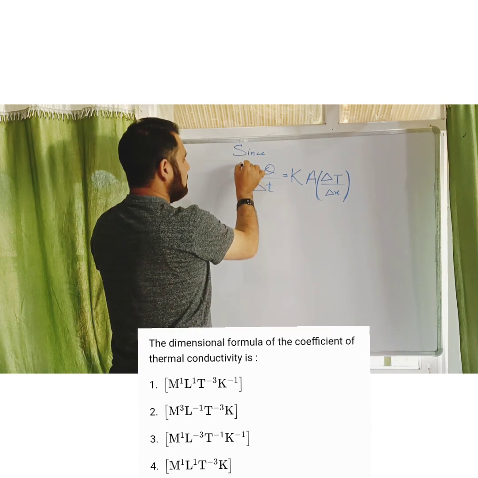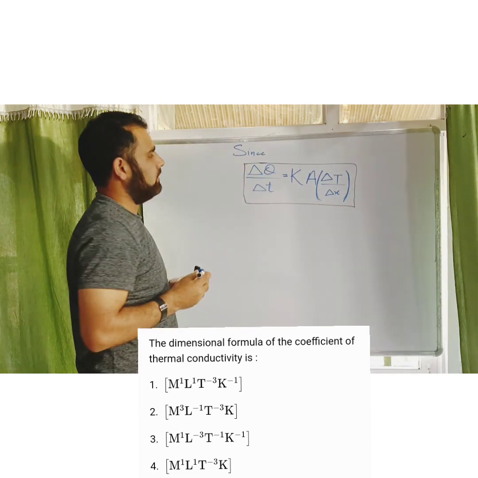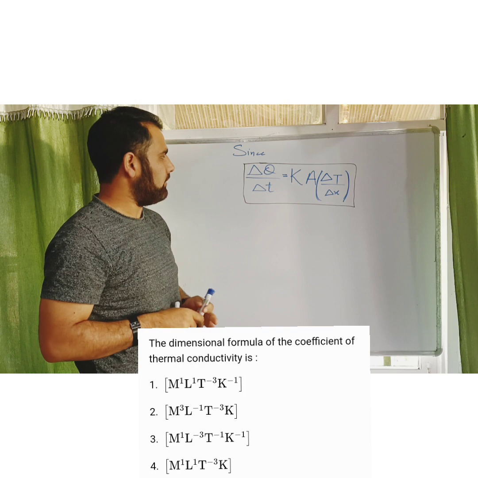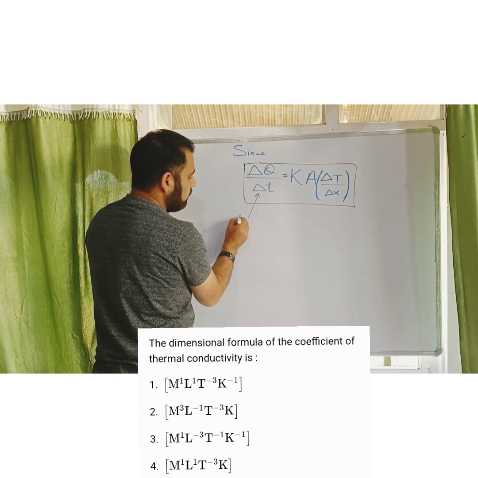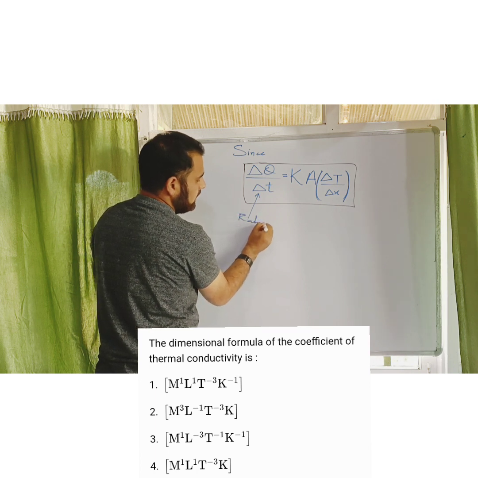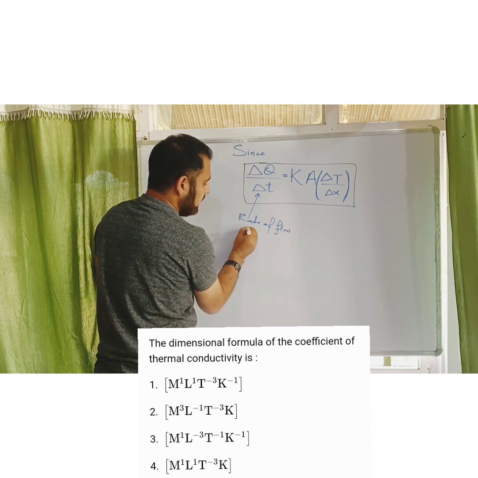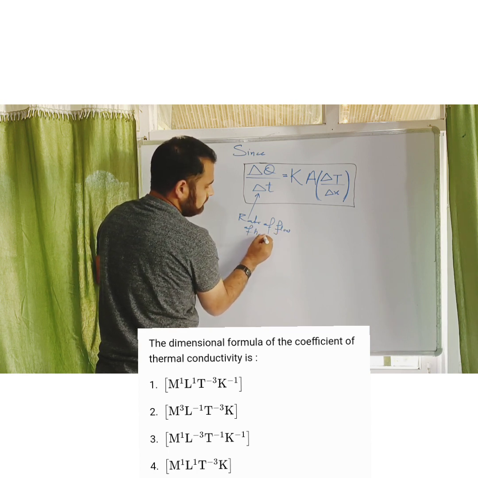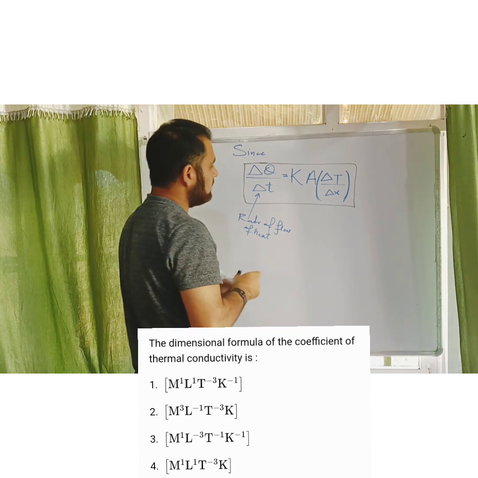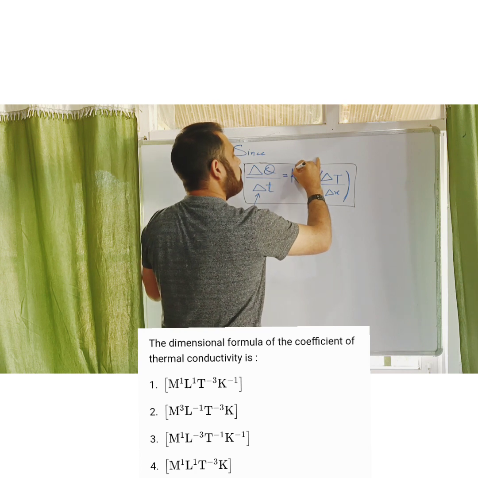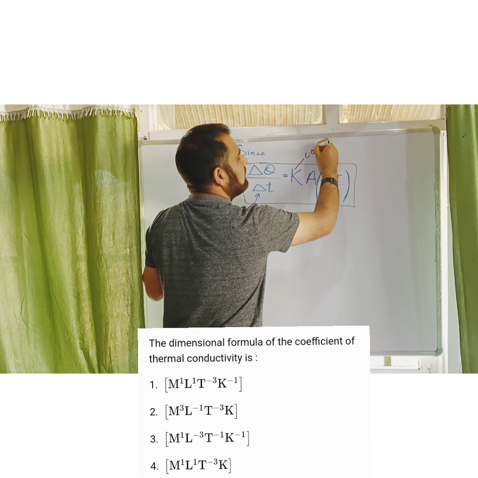From this formula we can calculate the dimensional formula of the coefficient of thermal conductivity. The left-hand side represents the rate of flow of heat. K represents the coefficient of thermal conductivity.